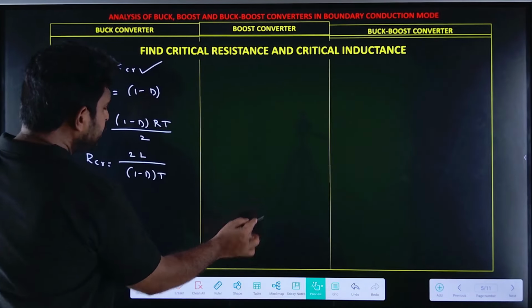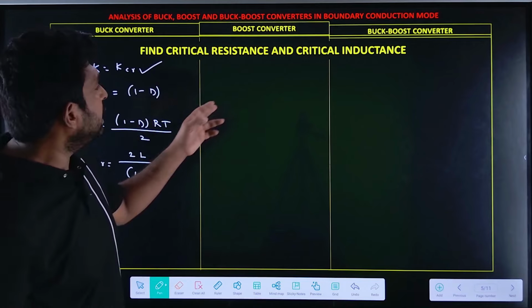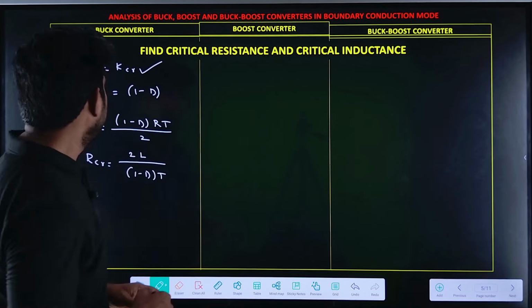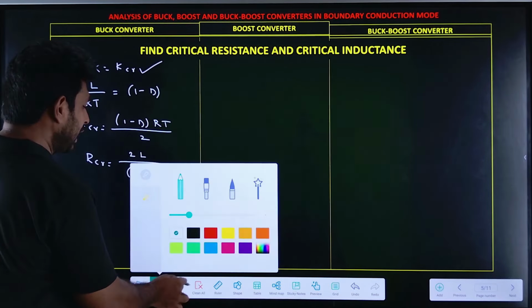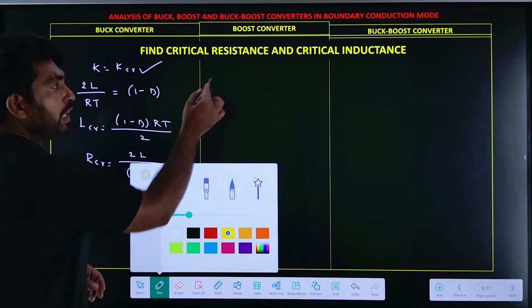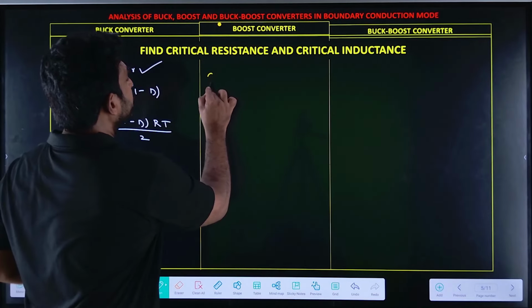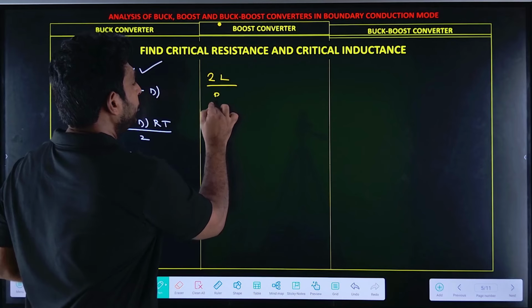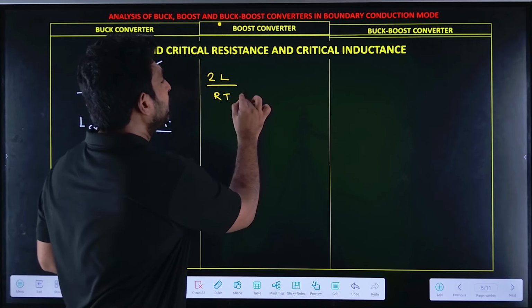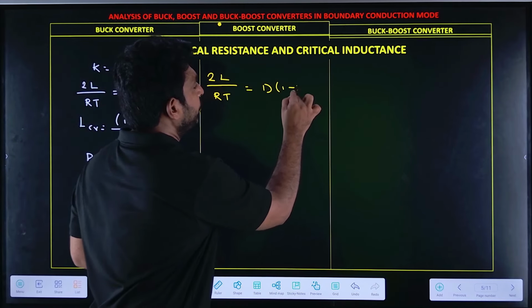Now let us find it for the boost converter. Again, the K equal to K critical condition applies here, which is 2L by RT equal to D into (1 minus D) whole square.